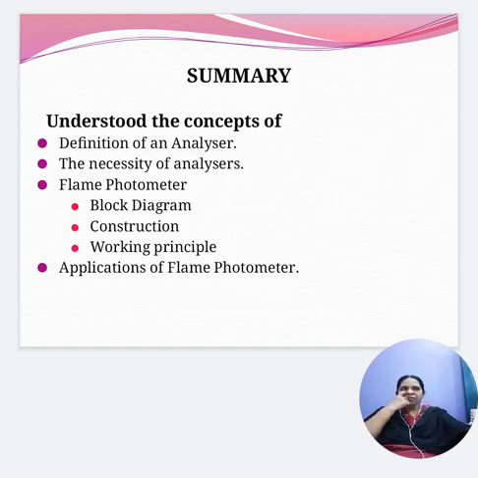It consists of the atomizer, the flame, the fuel gases and regulator, the mixing chamber, the filters and monochromators, and the photodetector. These are the basic components of a flame photometer.